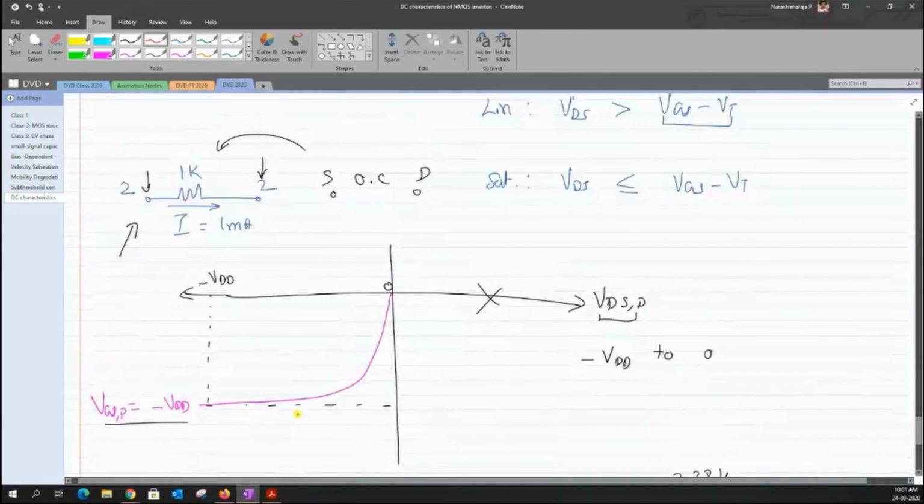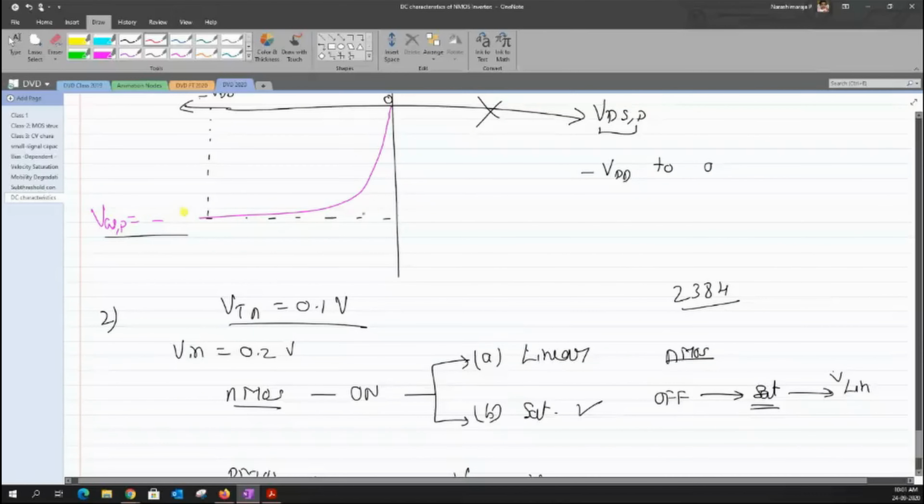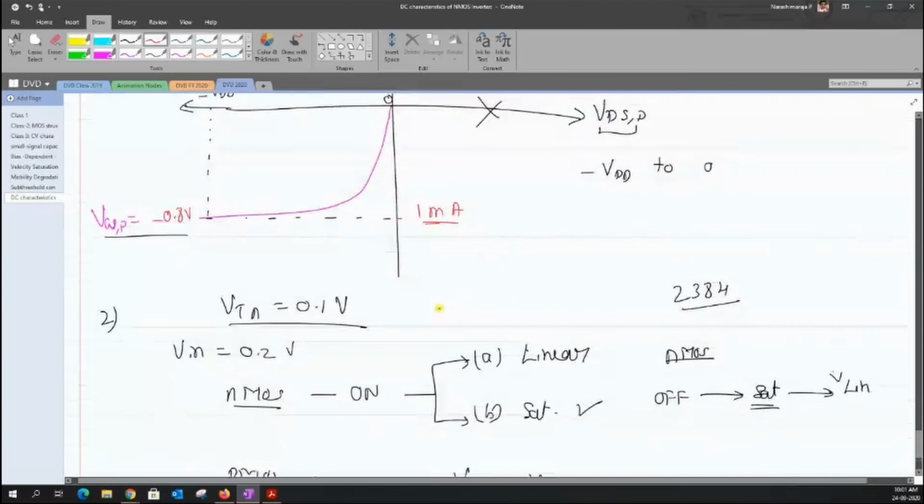But according to the given condition, the PMOS is capable of conducting more current. For the given value of minus 0.8 volt, for the corresponding value of VDS, it can conduct a maximum current of 1 milliampere. But still, we don't want that current to flow, because the bottom transistor is not accepting this 1 milliampere of current. It can accept only 0.1 milliampere.